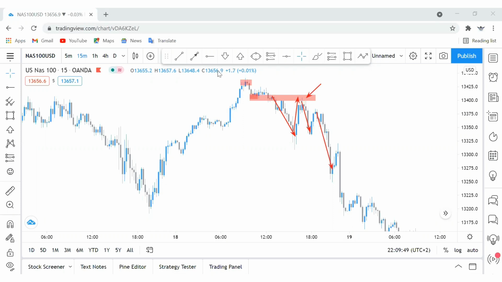We can also see again that when the market created this lower low, the market broke it, came back to retest, weak rejection. You can see the weak rejection and a beautiful sell over there.